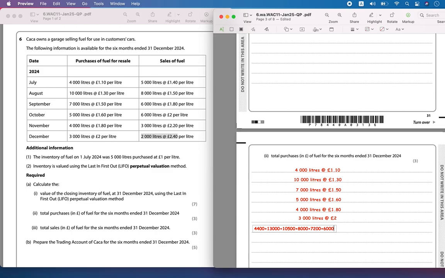So let's add up all of this: 4,400 plus 13,000 plus 10,500 plus 8,000 plus 7,200 plus 6,000. That is equal to 49,100 pounds. So that was the total cost of purchases.